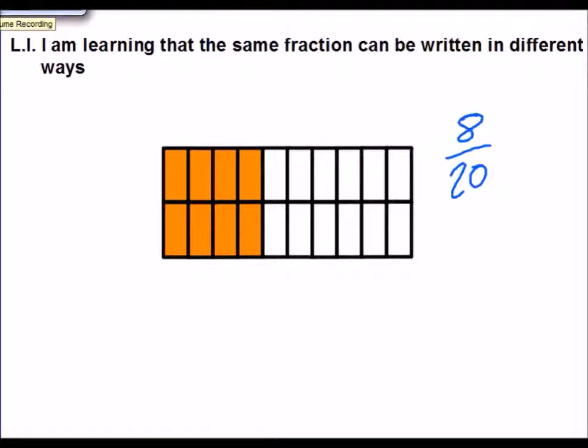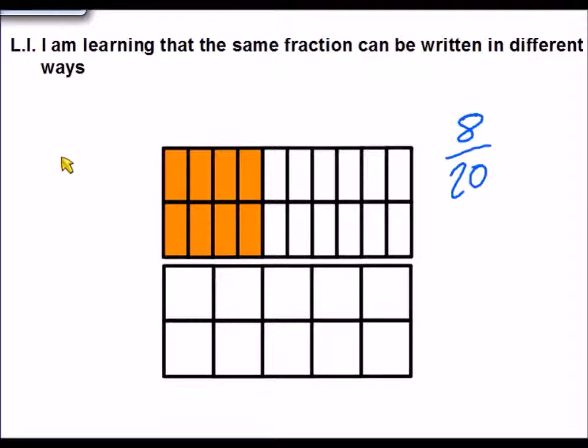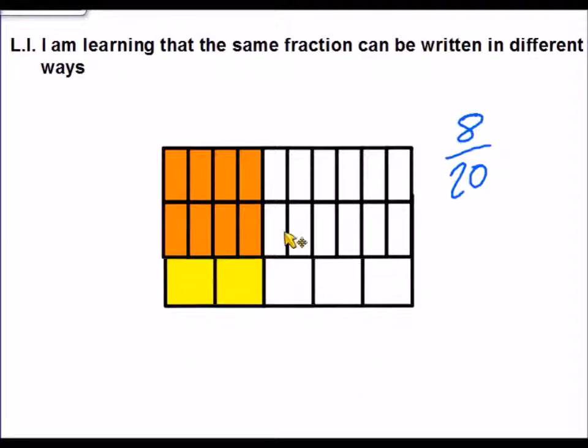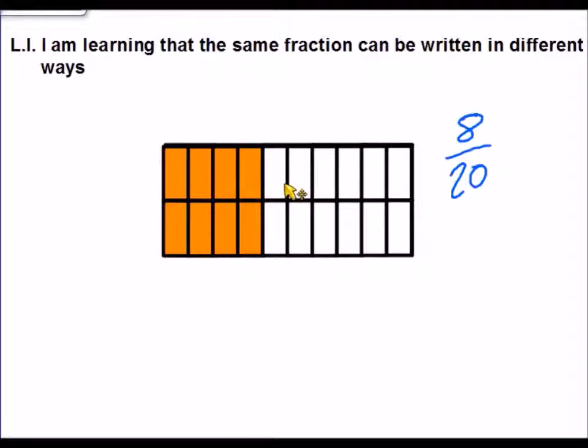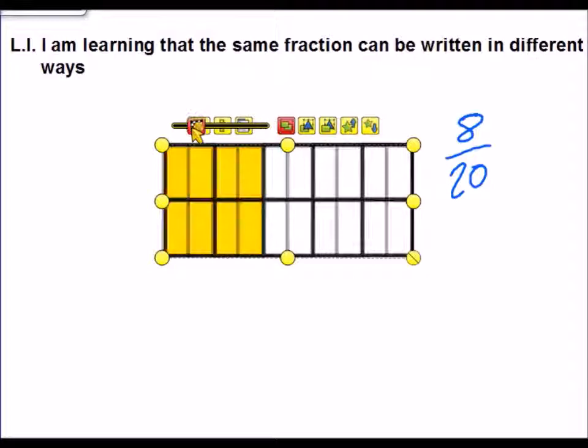In this next example, I've shaded in 8/20ths. Now, I can compare this to 2 different fractions here. Here, we have tenths. And I can see that those 8/20ths are very similar looking to 4/10ths. So if I take my 4/10ths, I can see that they are the same as the 8/20ths.